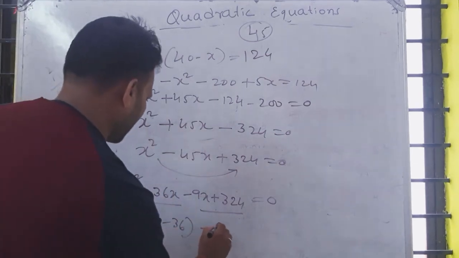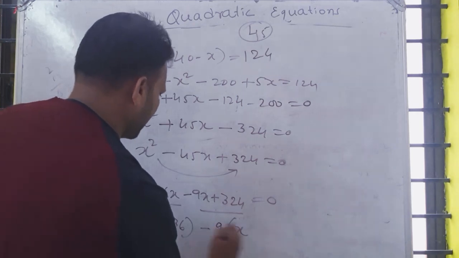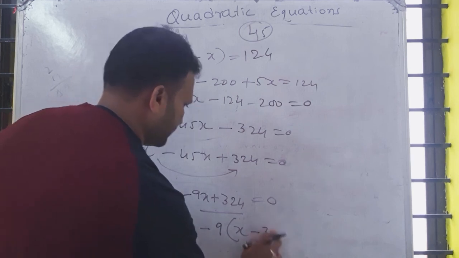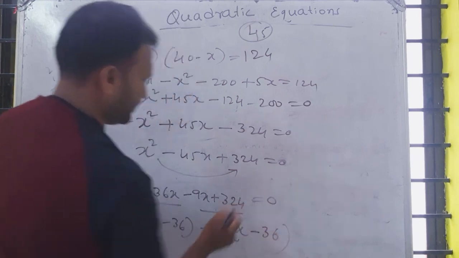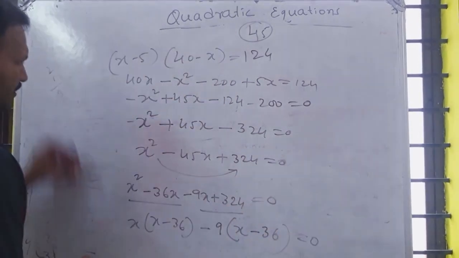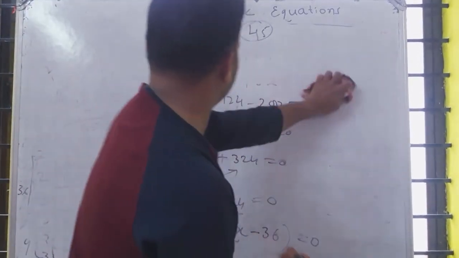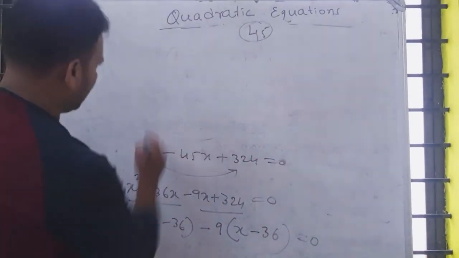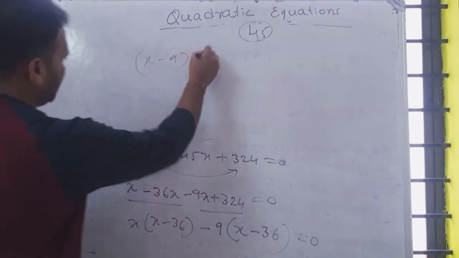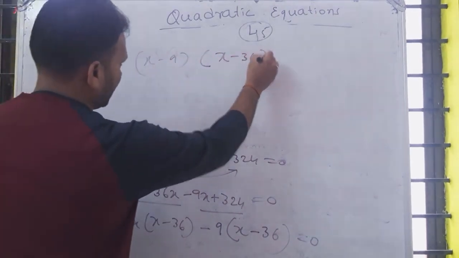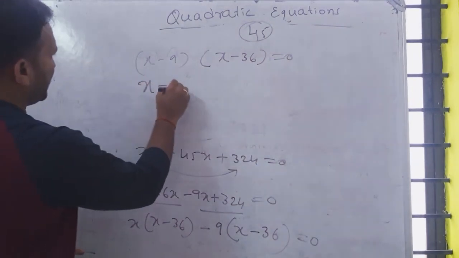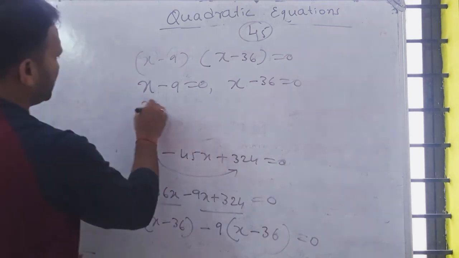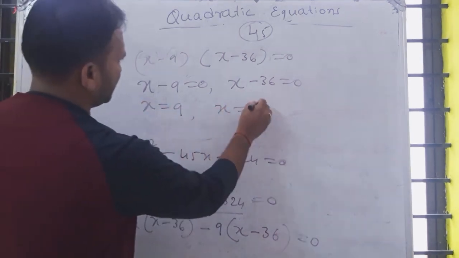Here if you take 9 as common, minus into minus is plus 9, 36, you can do on your own, you will definitely get 324. Now it is 0. Next, x minus 9 is one term and x minus 36 is another term. So x minus 9 is equal to 0, x minus 36 is equal to 0, x is equal to 9 and x is equal to 36.